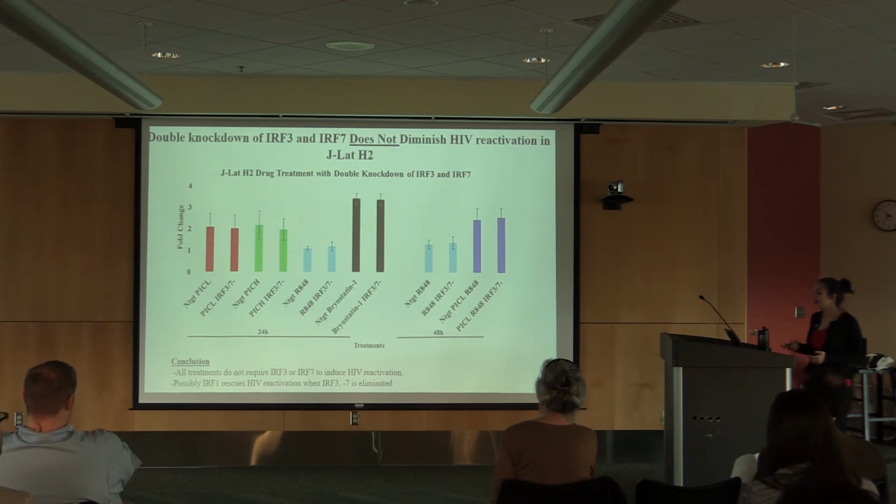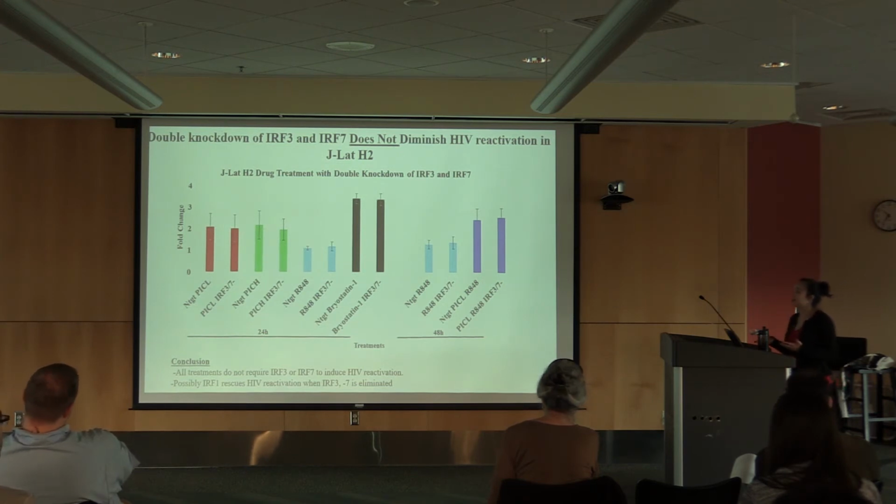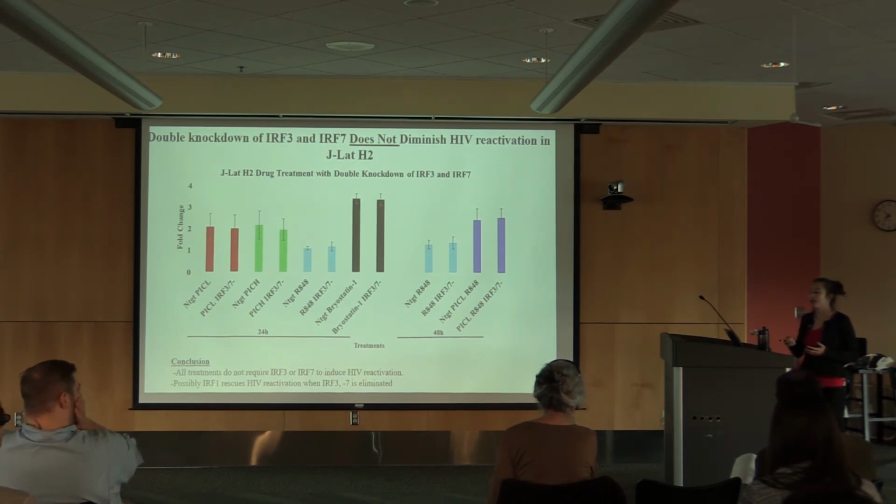All right, and then looking at double knockdown. So this is targeting both IRF3 and IRF7 within the cell with poly-IC treatments, low and high molecular weight. Again, there is no significant difference between the control and the knockdown samples. And I believe what's happening here is that another paper showed that IRF1 is a really good inducer of HIV reactivation, and it has a binding site on the HIV LTR promoter with IRF7.